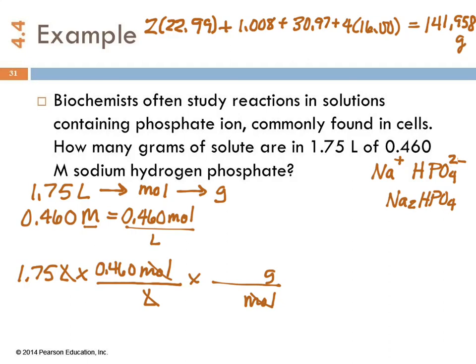And then this number, 141.958, goes with grams per 1 mole. And our answer should have 3 significant figures because the 1.75 and the 0.460 both had 3 sig figs, so this will be 114 grams of sodium hydrogen phosphate.